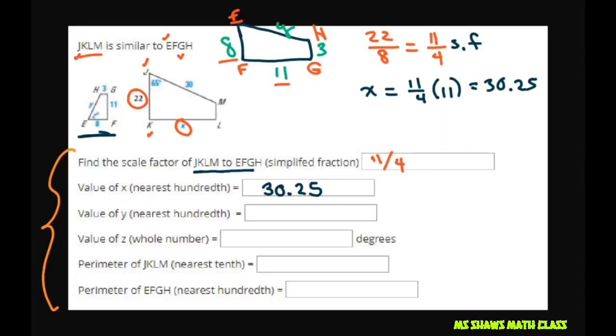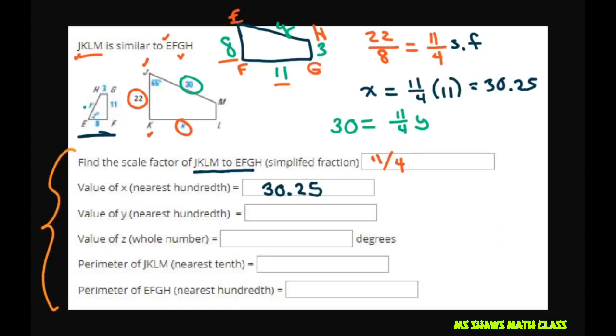Now to find y, my y is going to be 11/4 times y. Let's write it out. Y matches up to 30, because remember, we have to go in the right order.